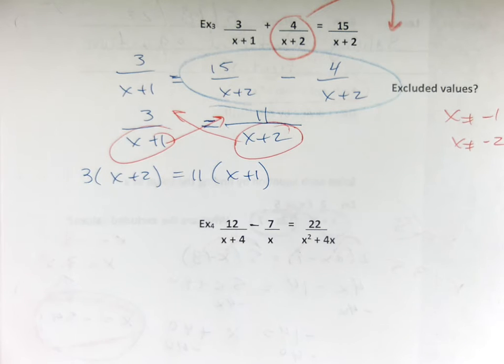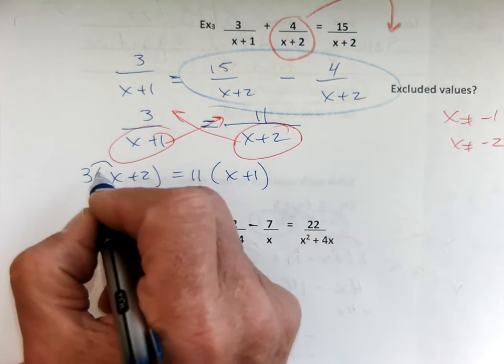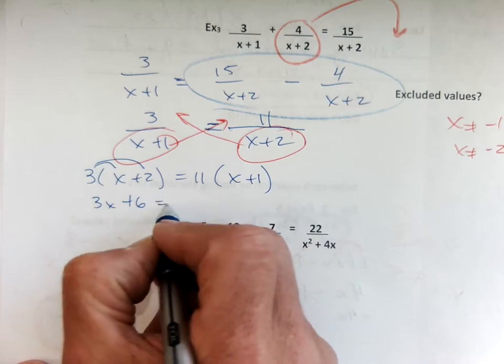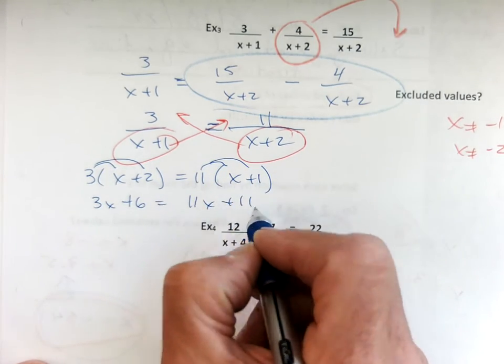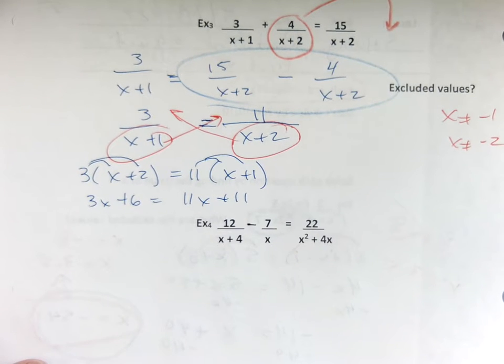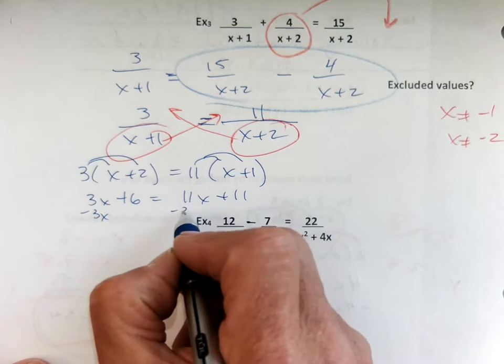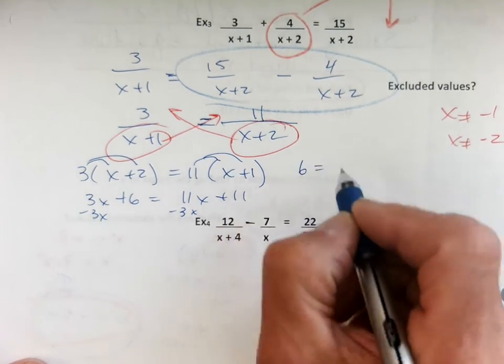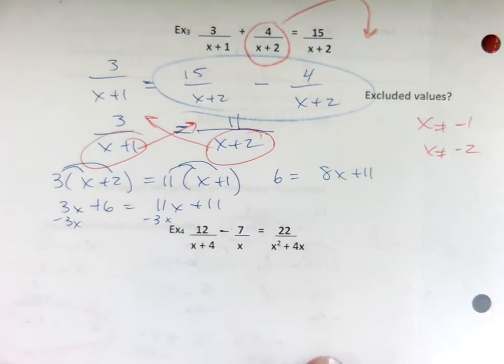And then I'm just going to distribute and solve, right? I'll get 3x plus 6 equals 11x plus 11. I'm going to go minus 3x, so I'll have 6 equals 8x plus 11.